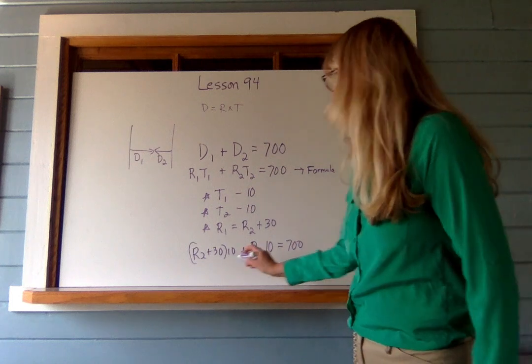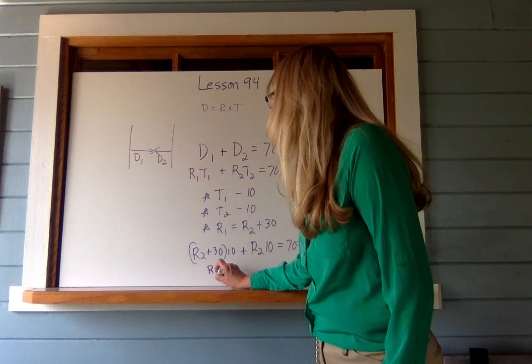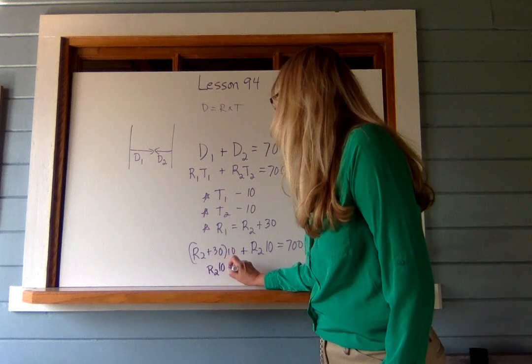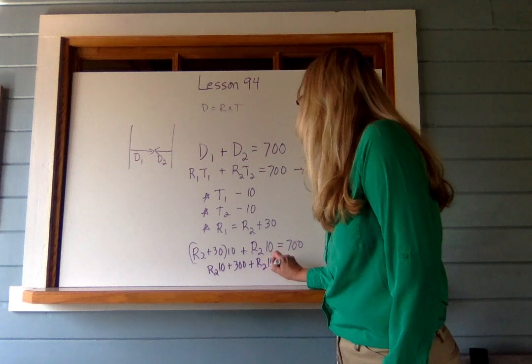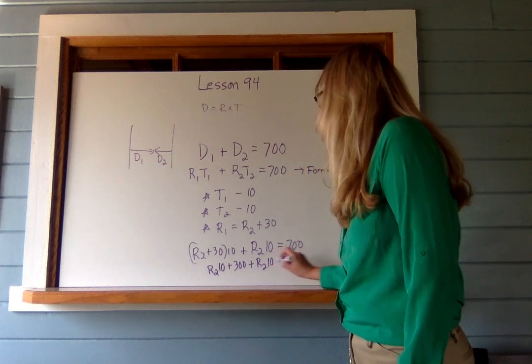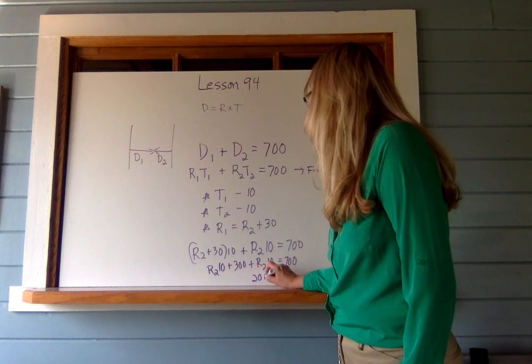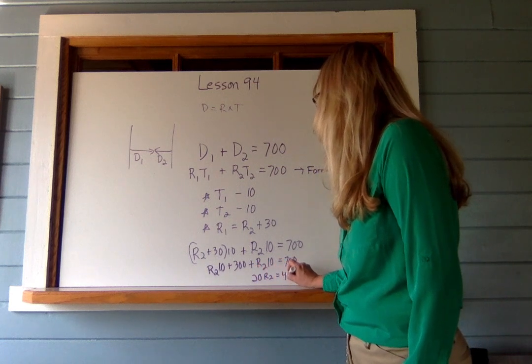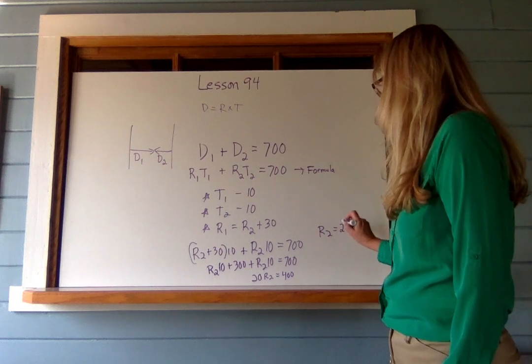Let's solve the distributive. R2 times 10 plus 300 plus R2 times 10. Combining like terms, 20 R2 equals 400, so R2 equals 20.